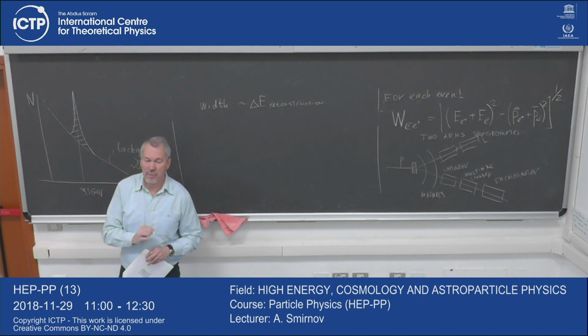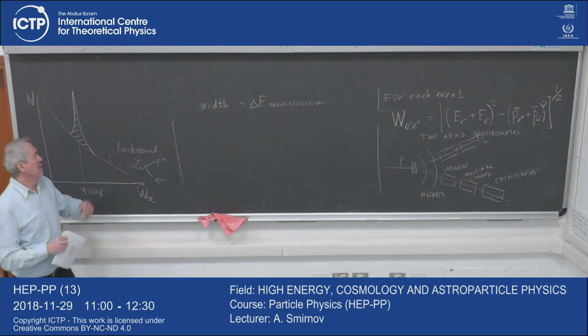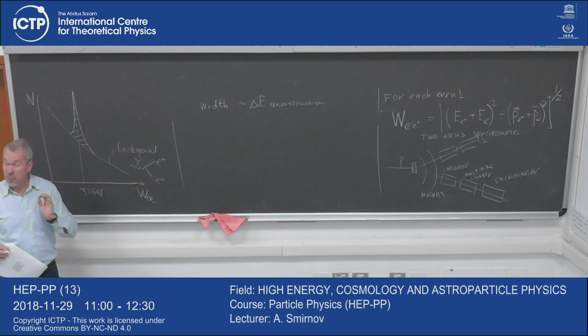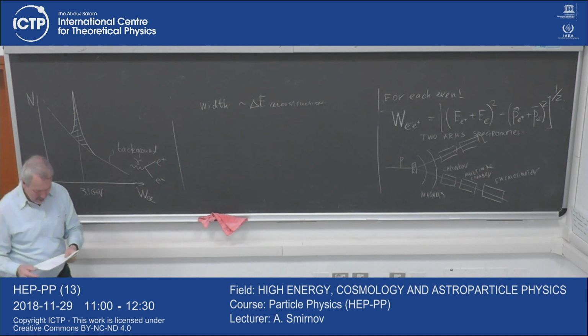So you don't know it precisely. And so you can estimate what is the precision of reconstruction of W. And it happens that the width of this peak is essentially the same as this accuracy of reconstruction of W. So this is the accuracy of the experiment, which means the true peak is narrower. So if it is a resonance, then the width of this resonance is even smaller than the energy reconstruction accuracy or accuracy of the experiment. So it should be narrow.